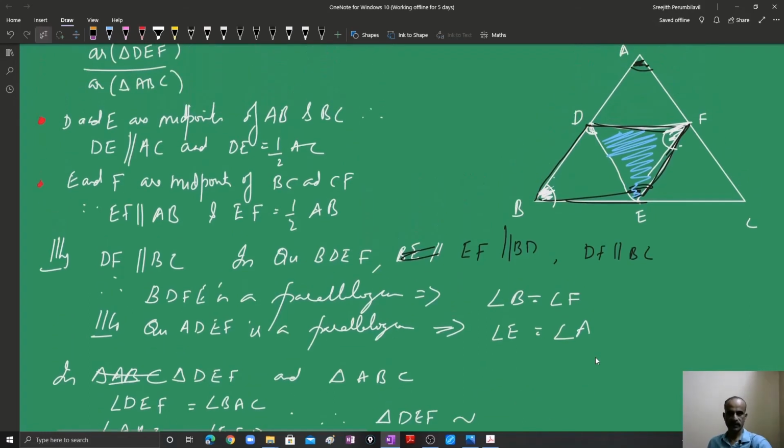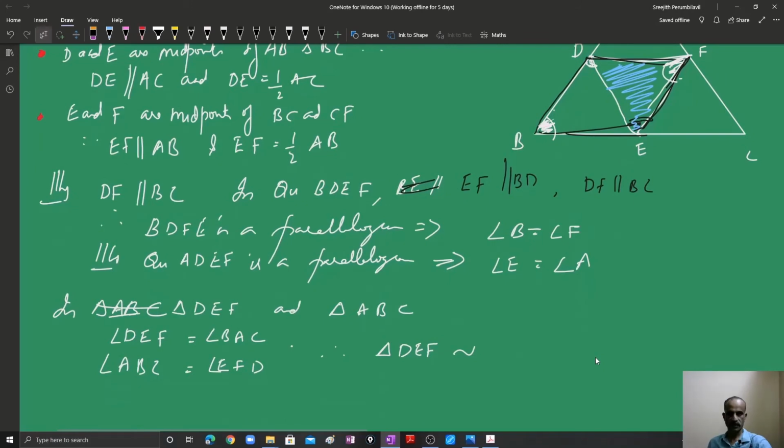Okay, DEF is similar to triangle, it's easy to find out. Opposite of D is C, E is A, so CA, and opposite of F is CAB.